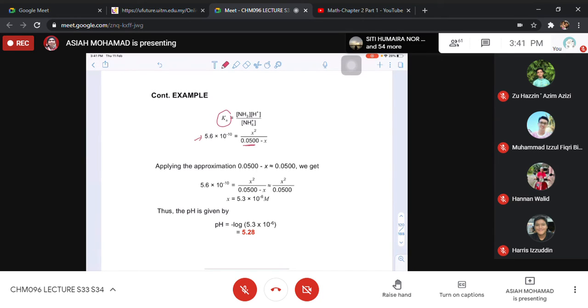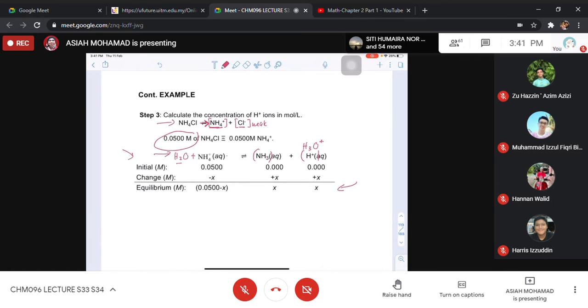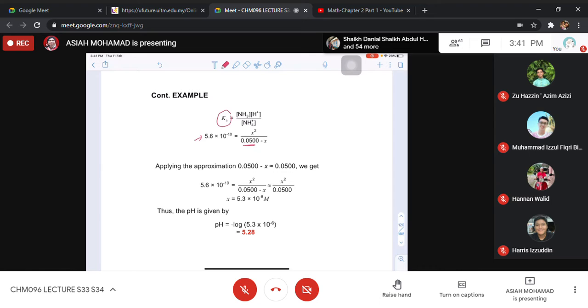This is the Ka that we want. You are given Kb for ammonia in the question, but we need the Ka for this ammonium ion. So find the Ka first and then solve for x. After you get x, you get the pH.